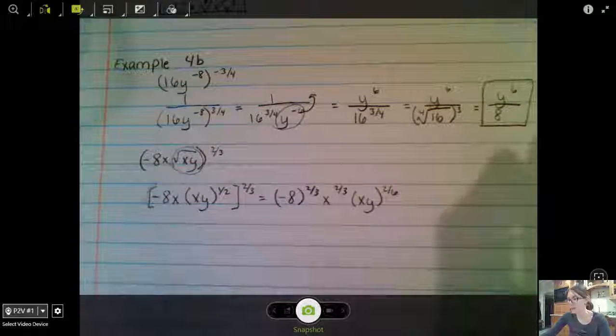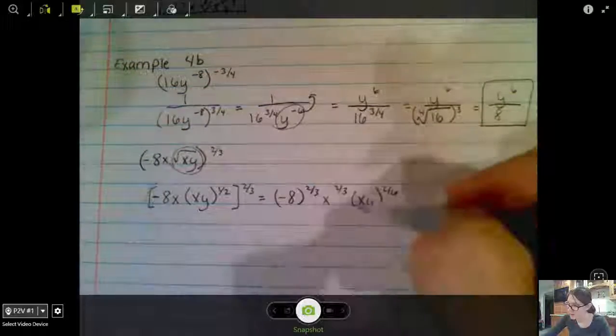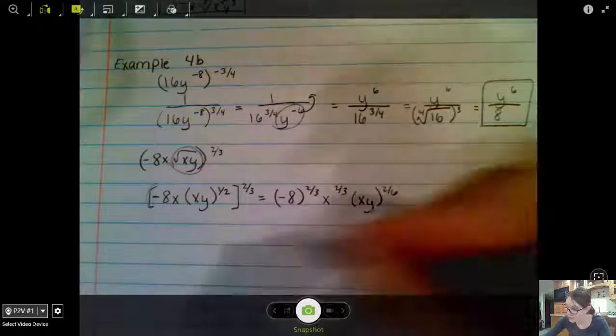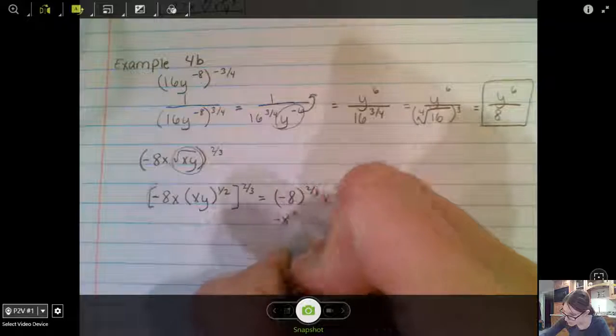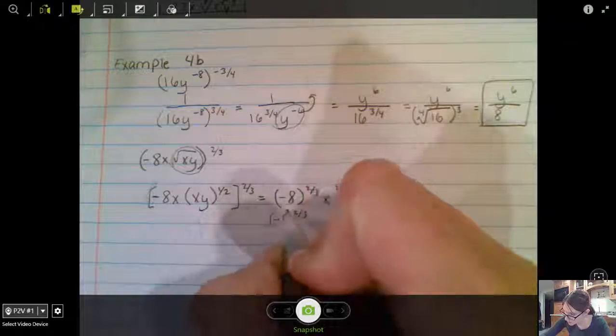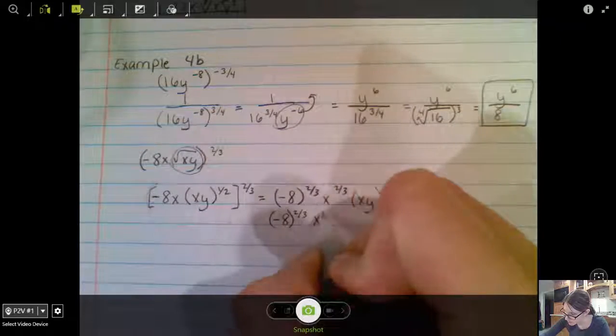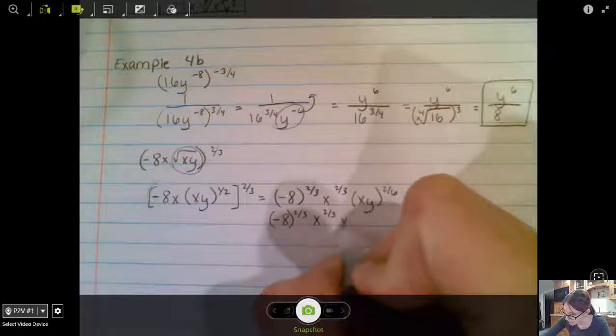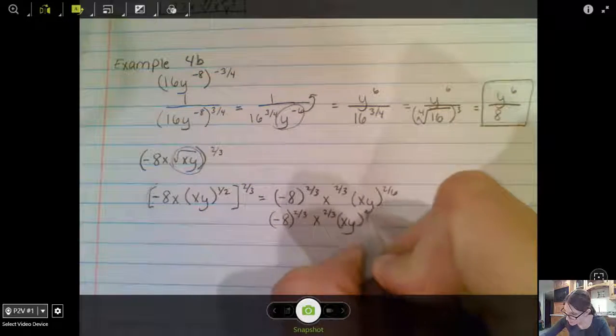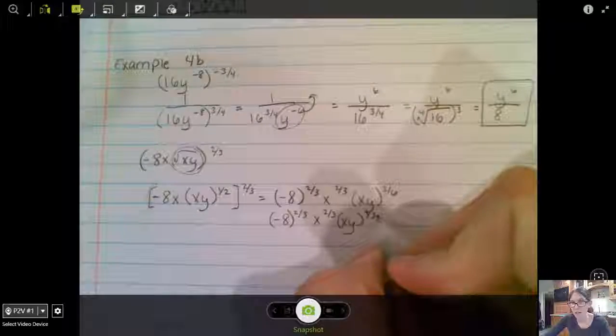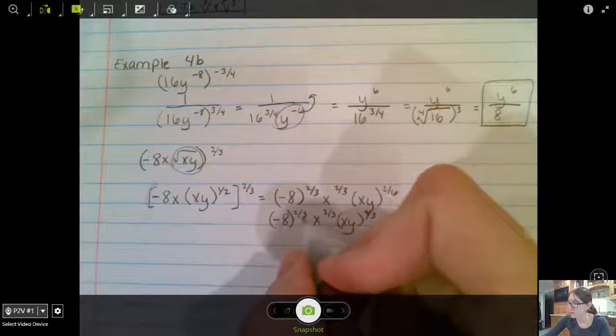Right, and this is going to work out kind of nicely because to the 2/6 power, well, 2/6 simplifies to 1/3. And that gives me the same denominator all the way through.